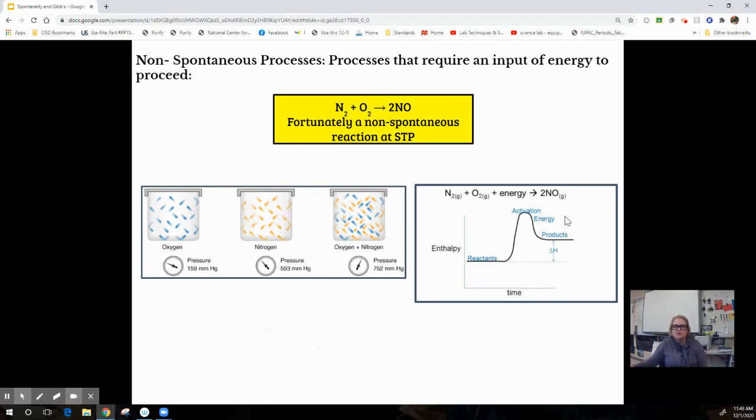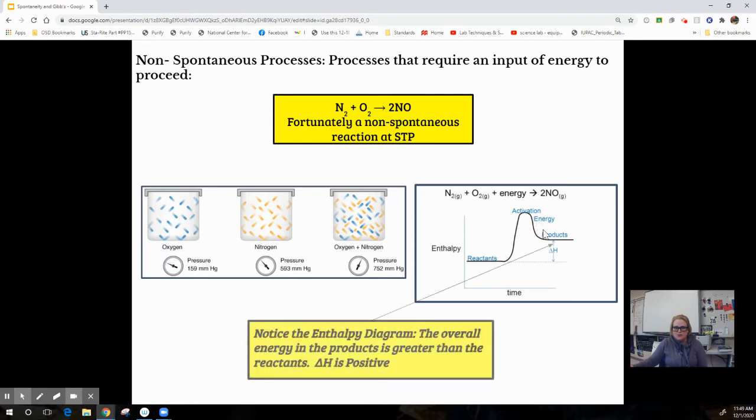So this is not a favored reaction when you've got more energy in the products than you have in the reactants. The reactants, nitrogen and oxygen, have a huge amount of energy to overcome before they finally release a little bit in order to become the products of nitric oxide. The overall energy in the products is greater than the reactants, and therefore the enthalpy is positive.